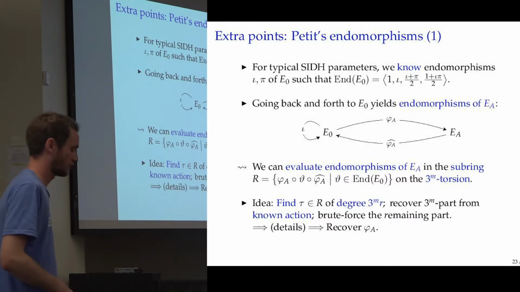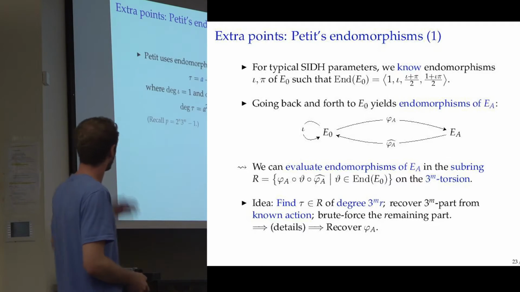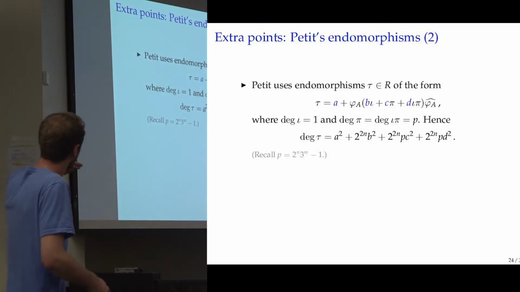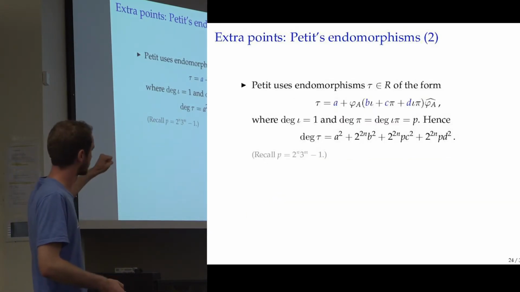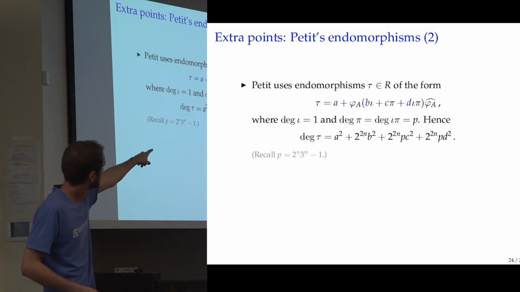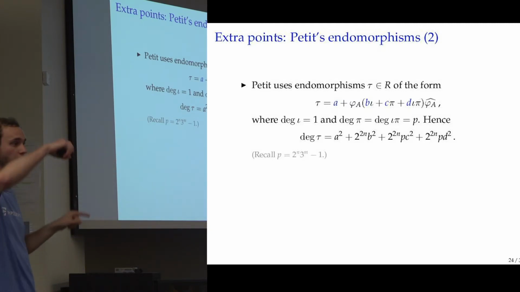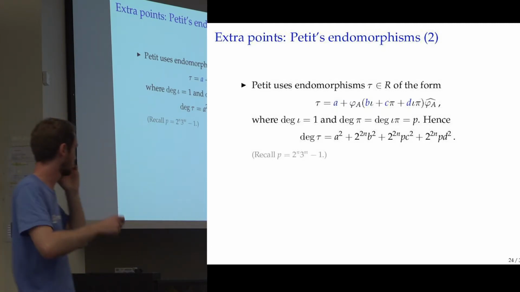The problem here is, if you write down a formula for what the degree looks like, you can see 2 to the 2n's, and you can also see p's, which is about 2 to the 2n as well, roughly, for symmetric parameters.